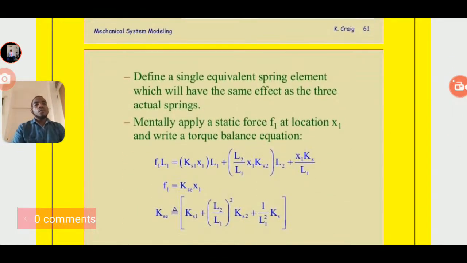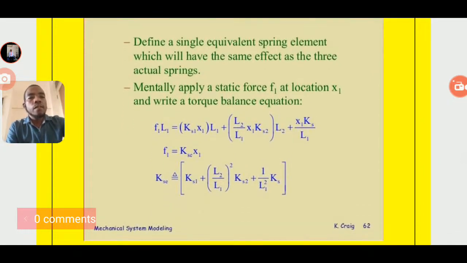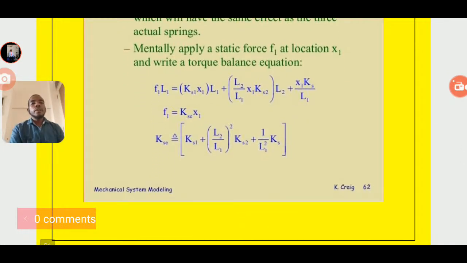So define a single equivalent spring element which will have the same effect as the three actual springs. Mentally apply the static force, that means F1, at location x1, and write the torque balance equation.